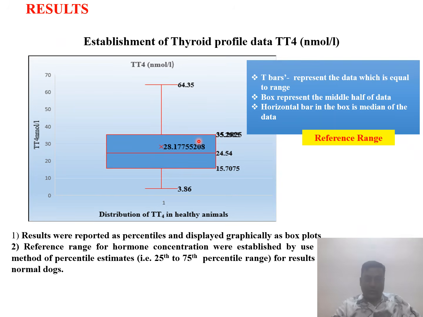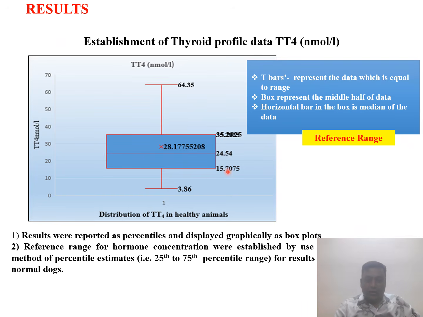Now it is very interesting. Mean is 28.37, median is 24.54, and the range is 15.70 to 35.29. It means if we get a patient whose value is between 15.70 and 30.29, and no classical symptoms are available, we can expect it could be a euthyroid clinical case.